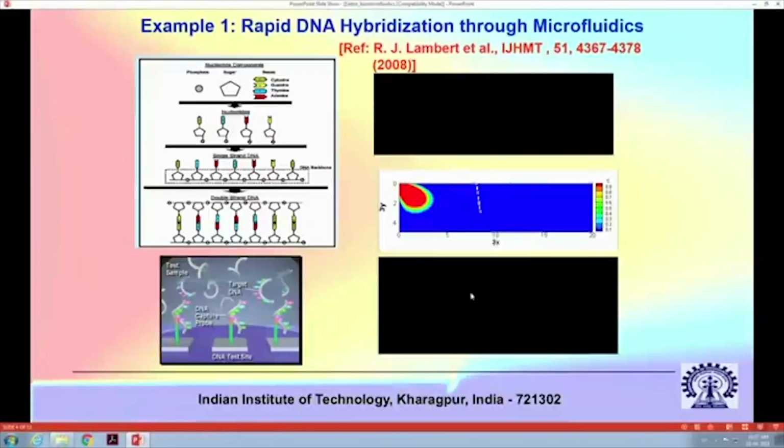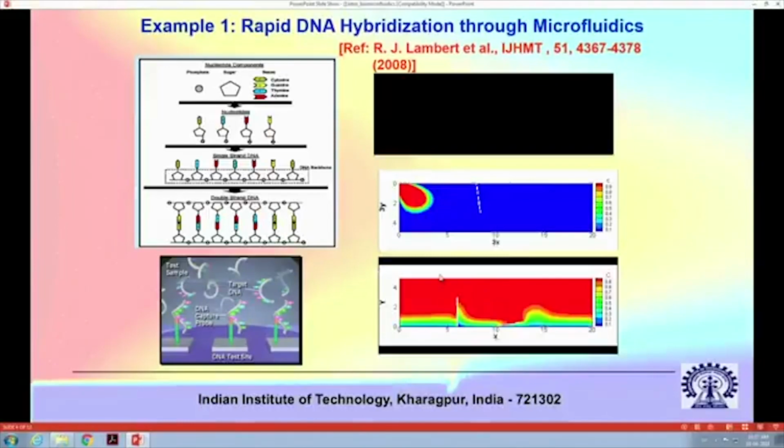If you want to interrogate these kinds of multiple sequences, you can put multiple capturing probes on the wall, and if all the DNA falls on one capturing probe, the other probes will not get the DNA sample. So, you have to optimize the distribution of the DNA on the wall of the channel. Let me run this movie once more.